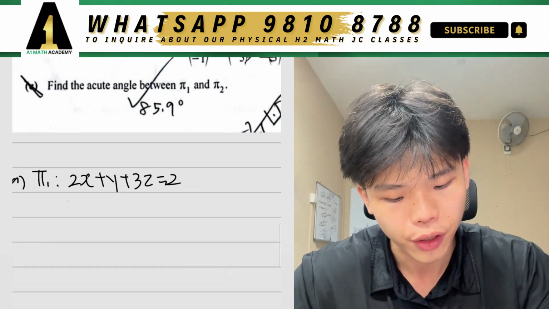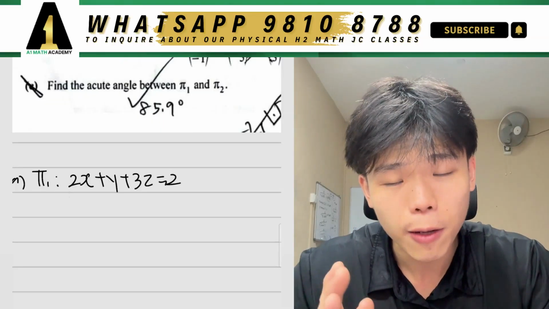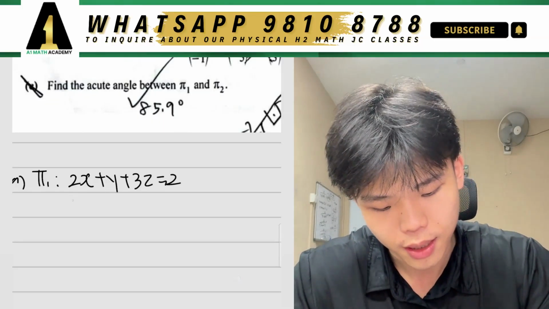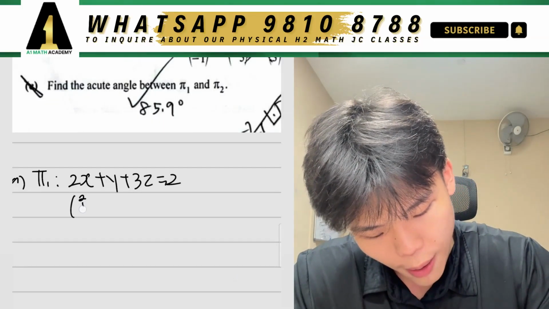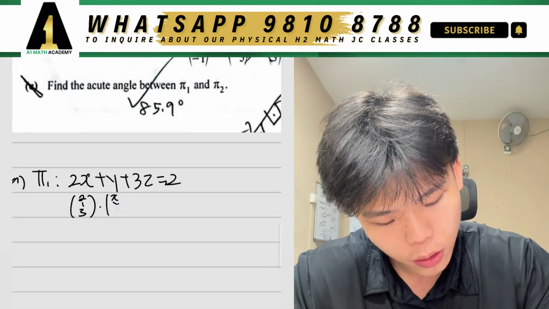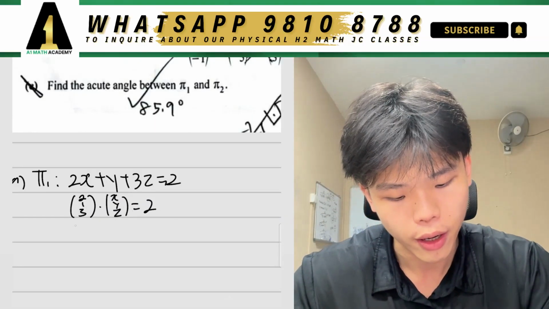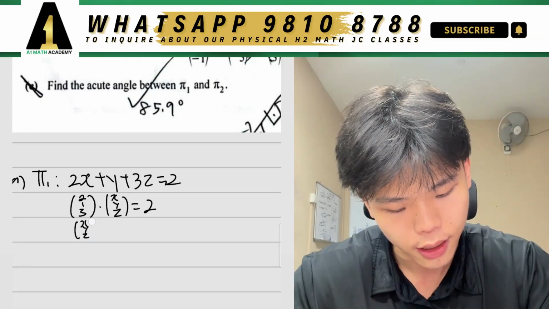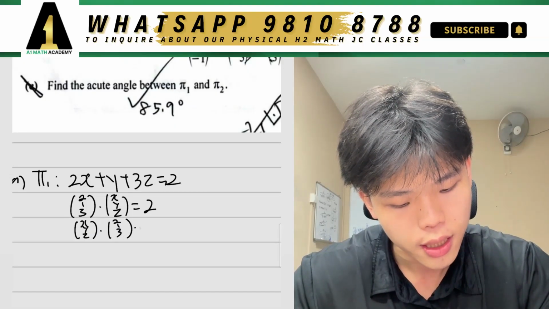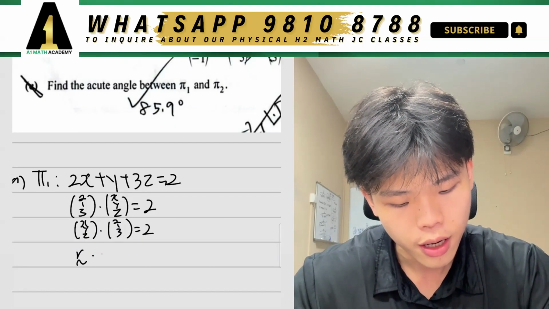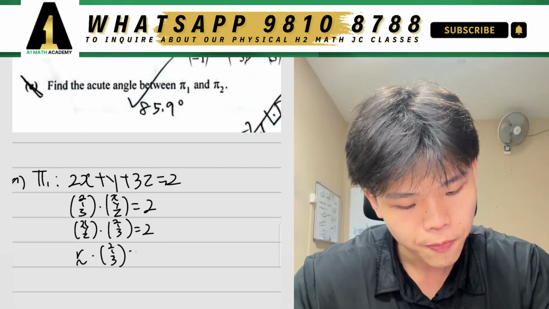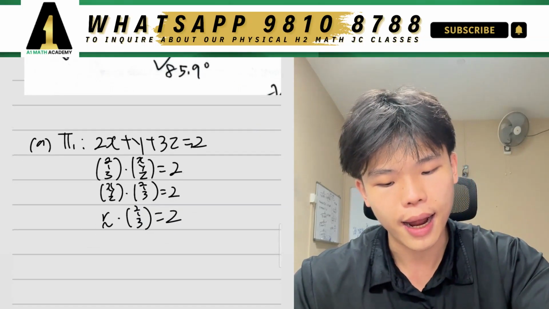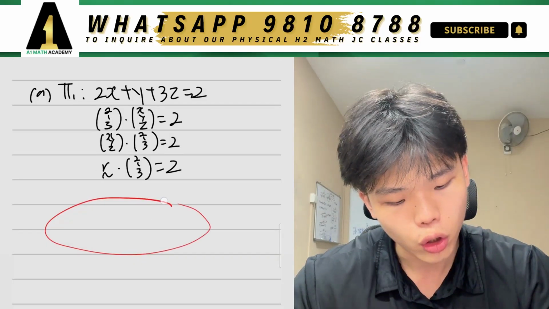So over here I can infer that the scalar product form of the plane is (2, 1, 3) dot (x, y, z) is 2, right? Or I can write it as r bar dot (2, 1, 3) is 2. That means that I have a plane whereby I have a normal vector.